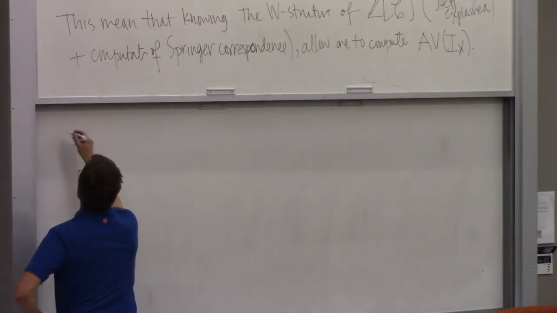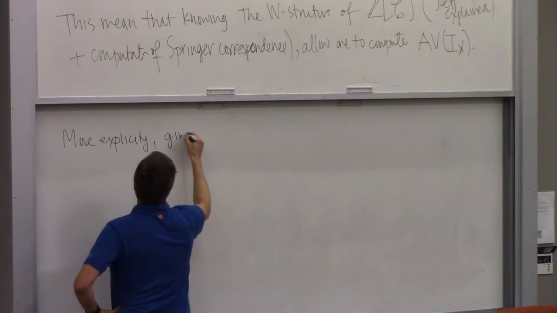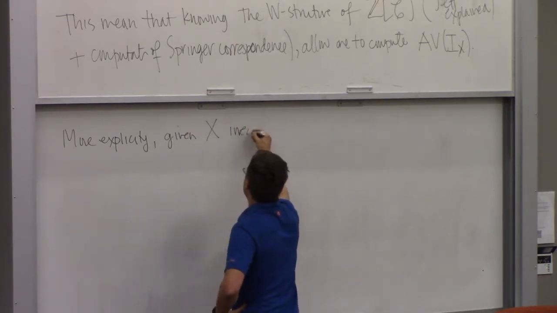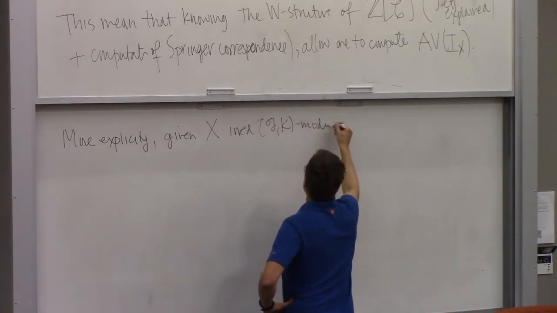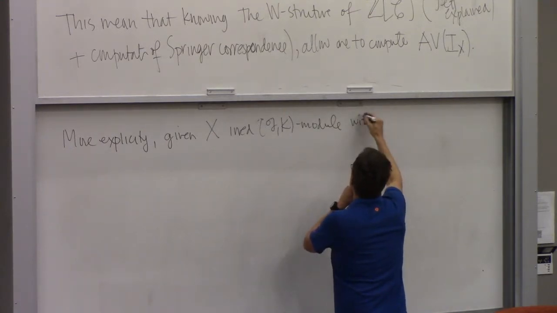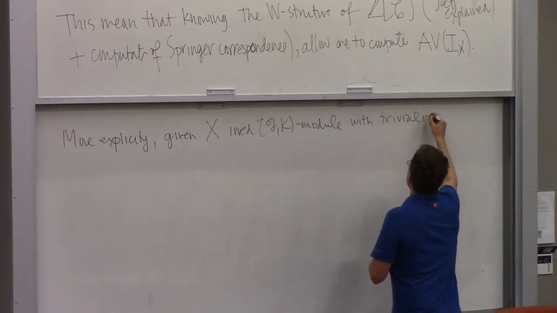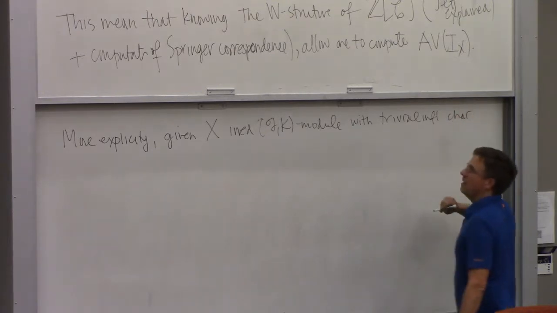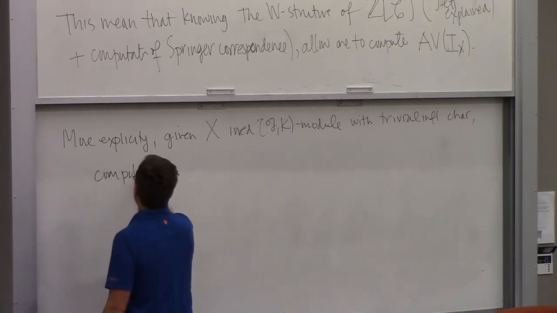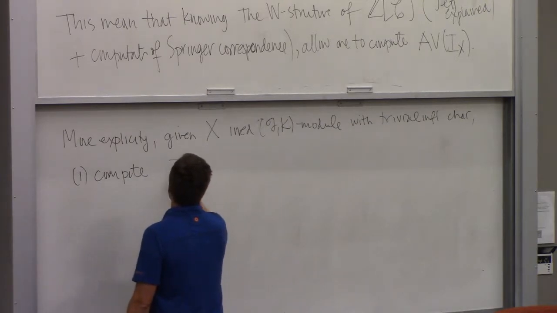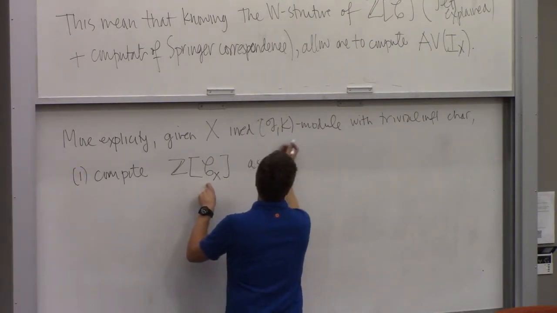Okay, so more explicitly, given X, some irreducible (g,K) module with, maybe it's okay, infinitesimal character rho, trivial infinitesimal character. Compute Z of C of X, the cell containing X, as a W module, as a W representation.